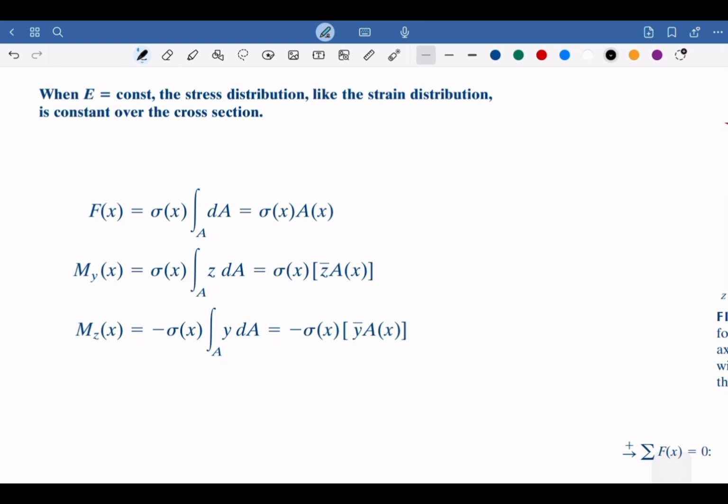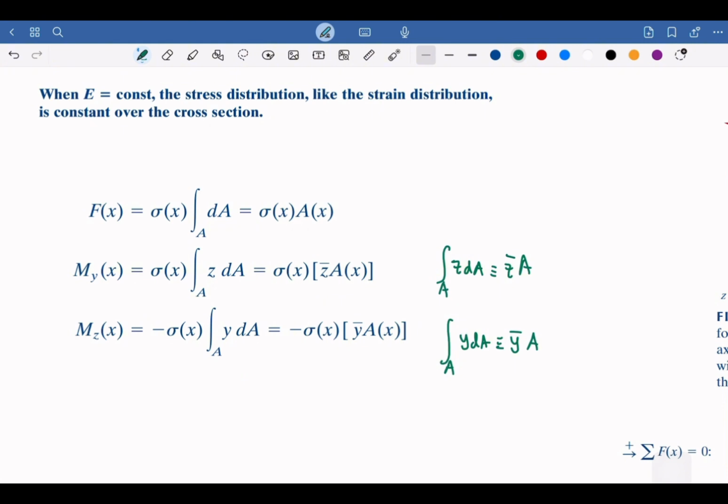Let me write here some simplification. So the integral of z dA, we are going to take this as a centroid, z bar A, and then for the y, the same thing, we are going to have y bar A.